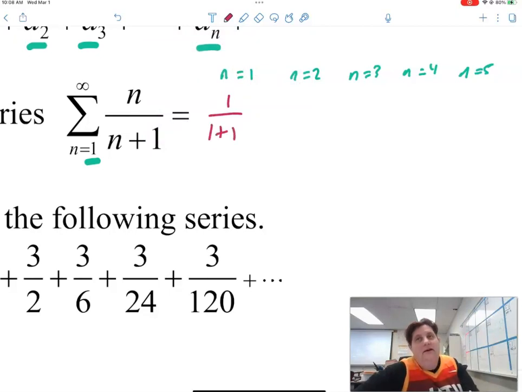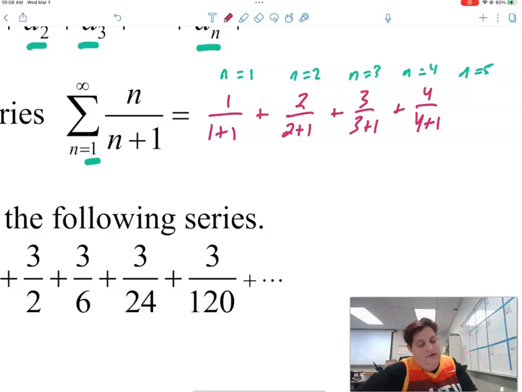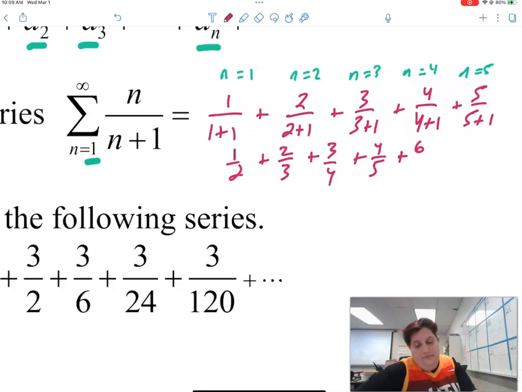If it's a sequence, we write a comma, but this is a series, so we write a plus. That's 2 over 2 plus 1, and then it's 3 over 3 plus 1, 4 over 4 plus 1, 5 over 5 plus 1.